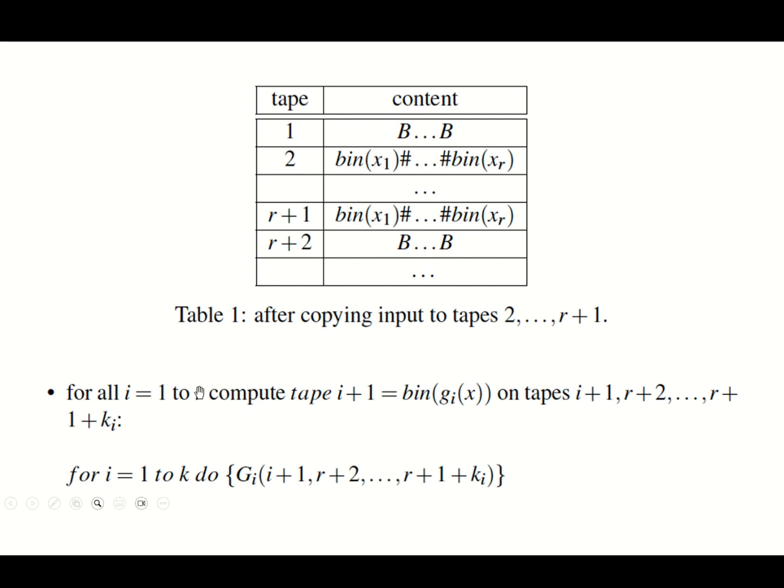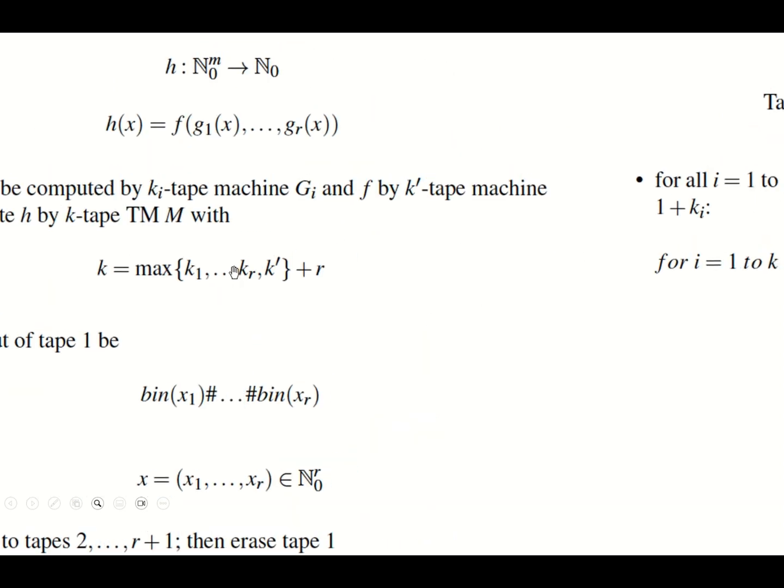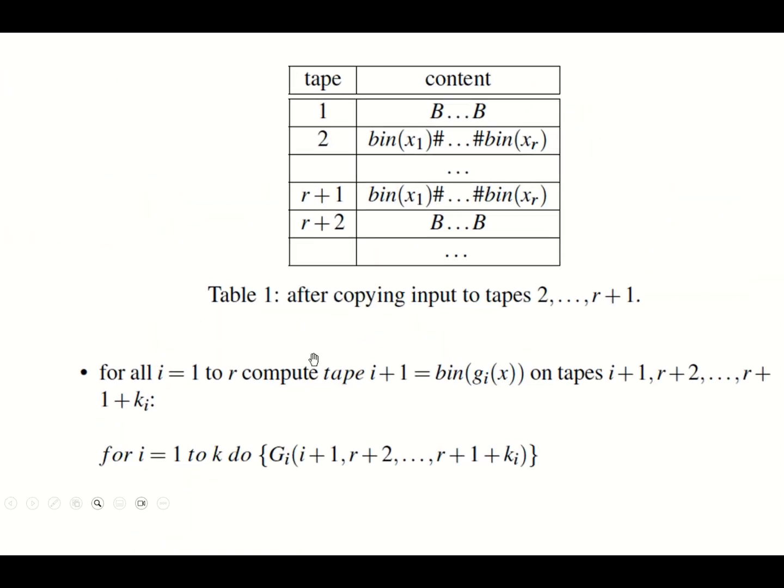If you think about it, this is exactly however many tapes you will need, because if g uses k3, you get this point. For all i from 1 to r, I compute gi on tapes i plus 1, r plus 2, up to r plus 1 plus ki, whatever.